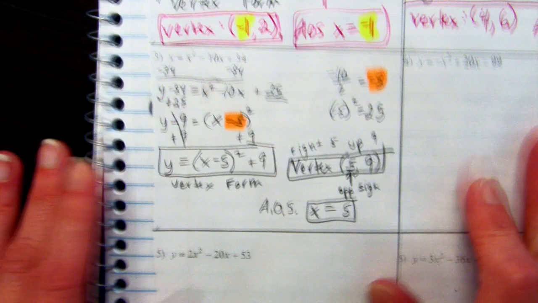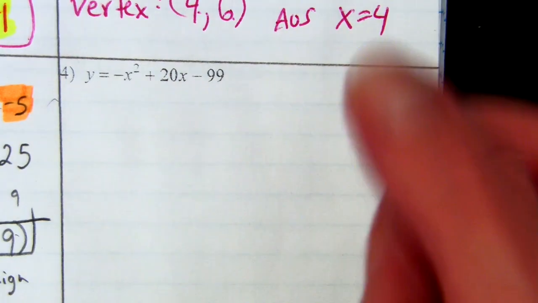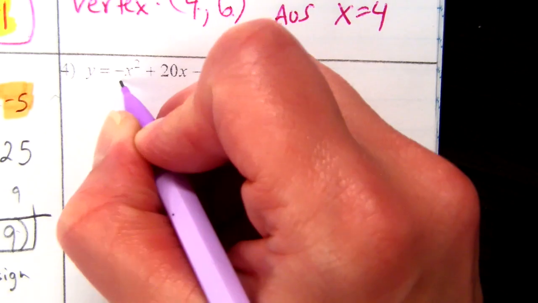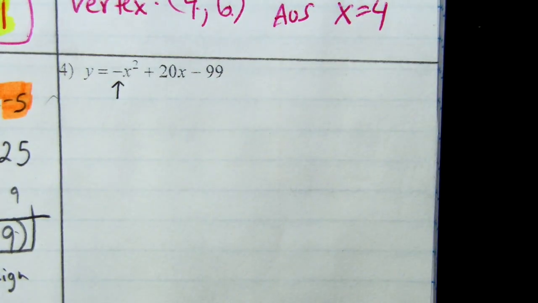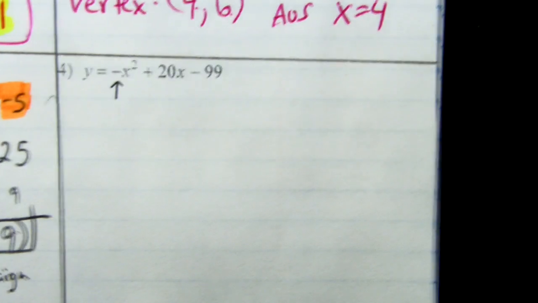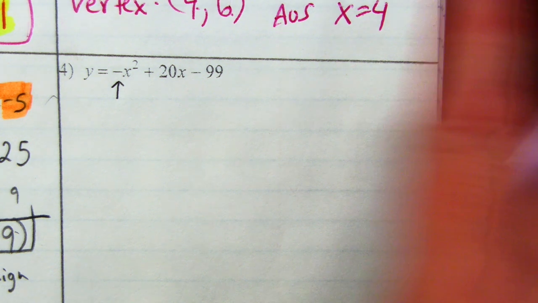Okay, so now we're going to complicate things. I know that makes everybody happy. You cannot complete the square if there's something in front of the x squared besides a 1. So there's a negative there. Actually, first we're going to get rid of the 99.